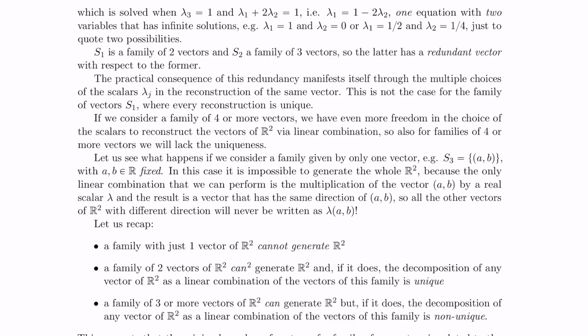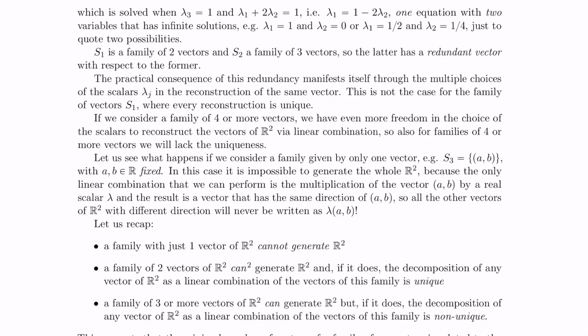Instead, the family S2 has three vectors, and as we have just seen, there is a redundancy in this family, and the consequence of this redundancy manifests itself through the appearance of multiple choices for the scalars lambda j in the reconstruction of the same vector. If we consider a family with four or more vectors, then we end up having an even larger degree of freedom in the choice of the scalars in order to reconstruct the vectors of R2 with linear combinations.